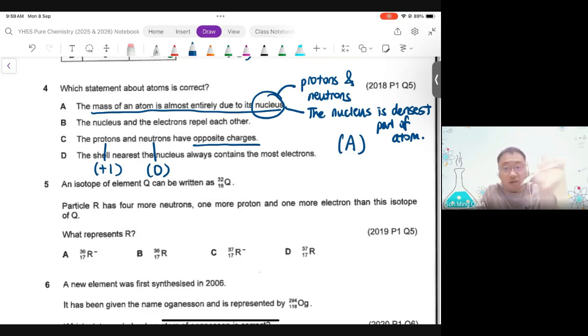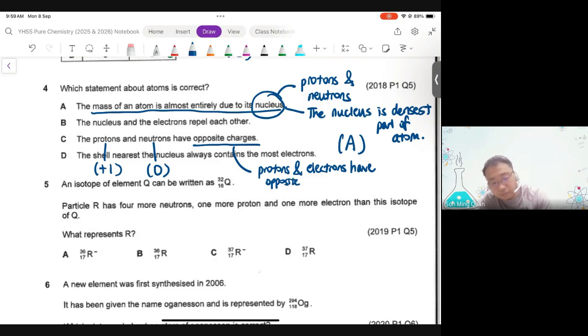Okay, so for those 2 of you who chose C, you probably got confused by that. So protons and neutrons do not have opposite charges. Protons and electrons have opposite charges. Okay, so this is question 4 of the atomic structure MCQ.